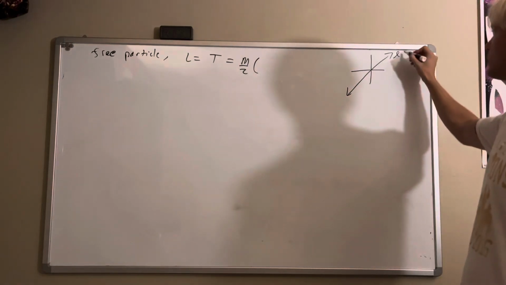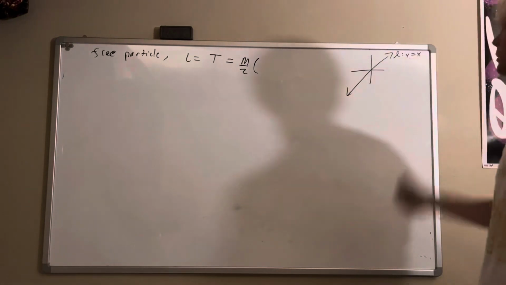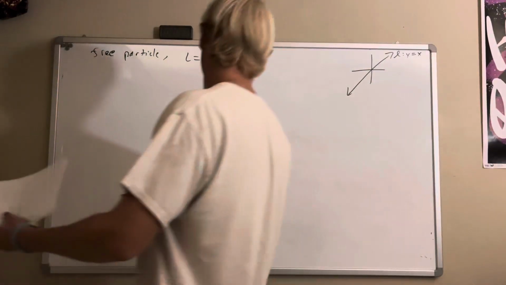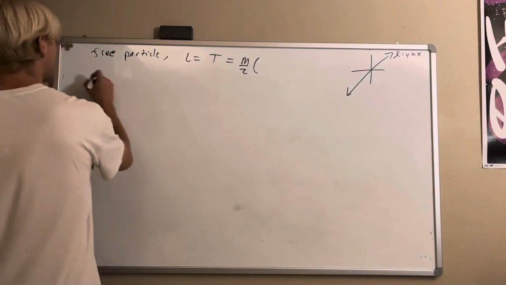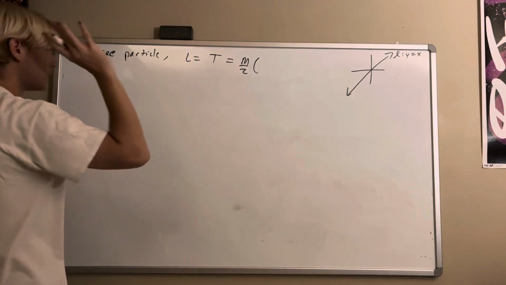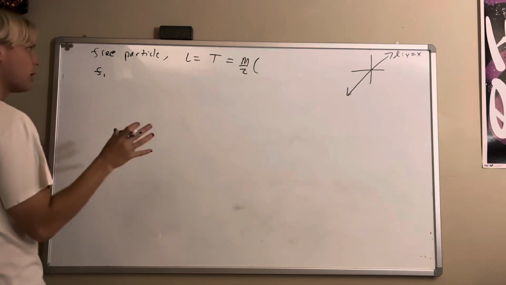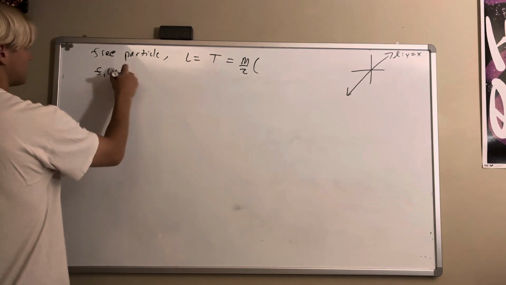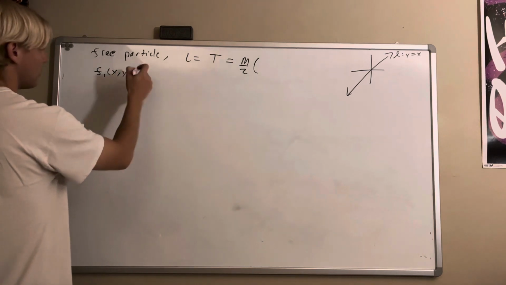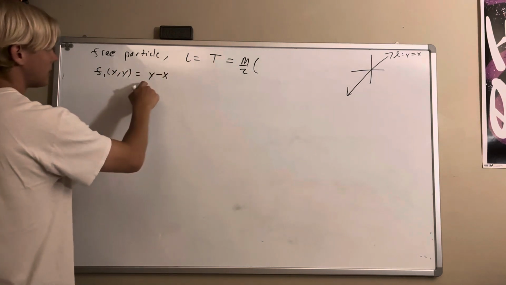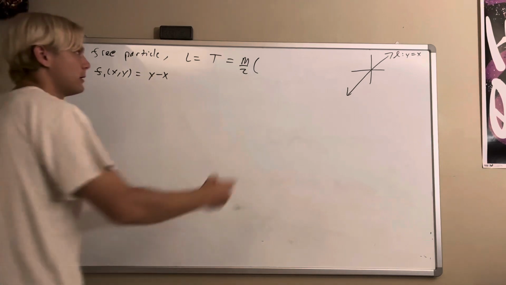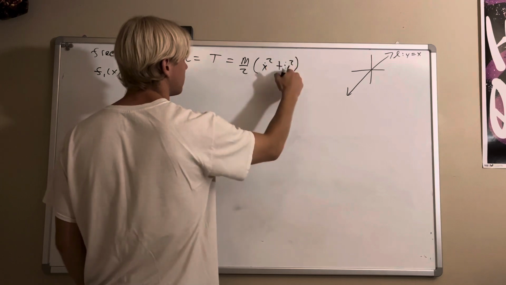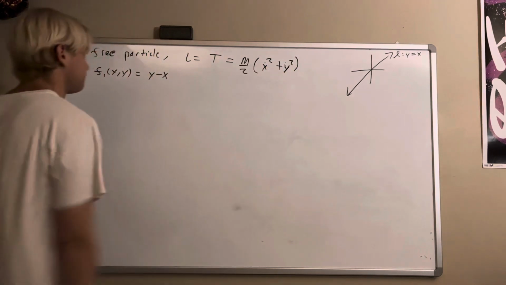So the line is y equals x. So our constraint that we're going to define for this is F1, only one constraint. I only want a free particle that has to travel along this curve. And it's a function of x and y, no derivatives of x or y. And you could say y minus x or x minus y. Doesn't matter. And free particle, only kinetic energy term is that.